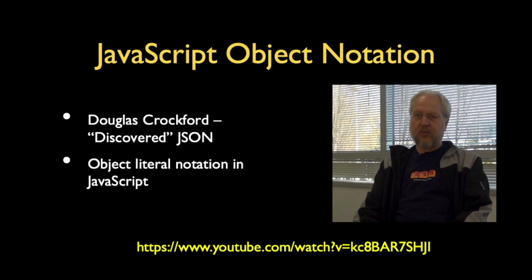But when they built it the first time, they decided that they would send it as XML. And Douglas Crockford and others were looking for a simpler, lighter way to send data back and forth. They settled on the object literal notation, which is key value pairs and an array. It's a pretty nice, extensible format, with nesting.